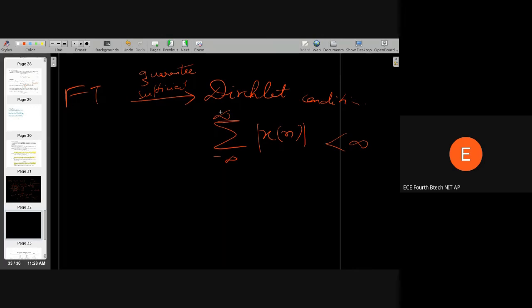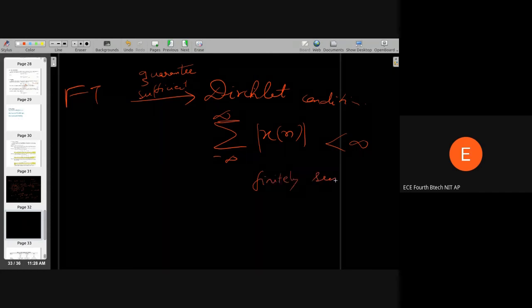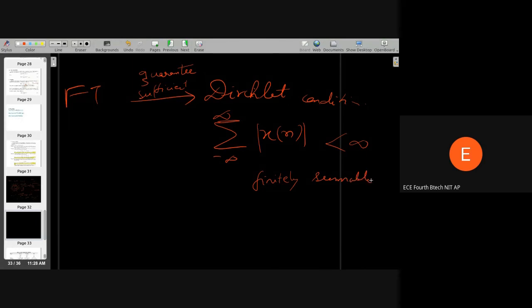It cannot go to infinity. So it is called finitely summable. If it's finitely summable, then it is guaranteed that Fourier transform exists. This also represents a stable signal. This is also the definition of stability.